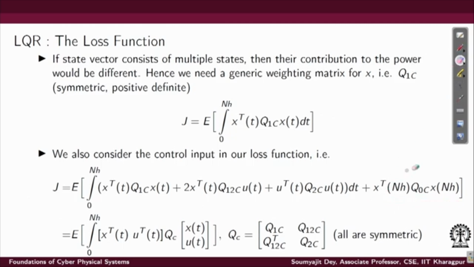Since after the nth step I am not considering the control any further, I do not have a control term in the nth step, but only the final state, because I am interested in what my state becomes through this evaluation and finally at the nth step. That is why you see this integration is covering this much, and additionally you have this term here for the nth step.